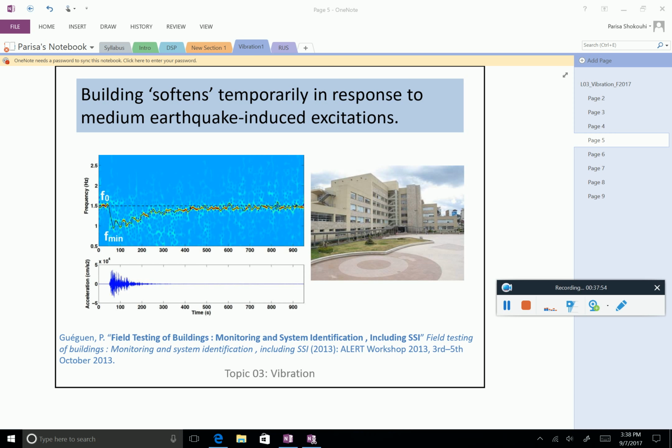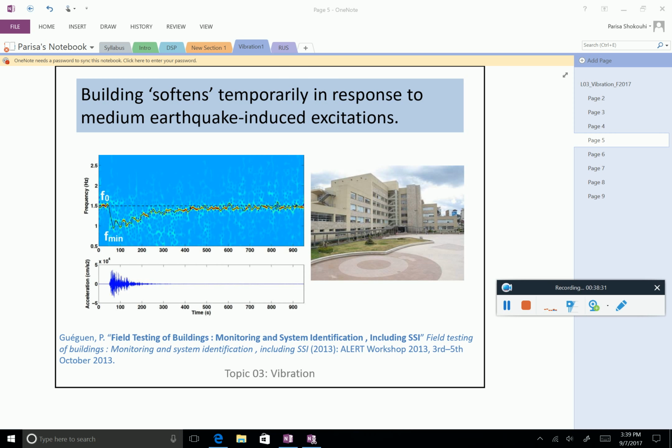In the lab, we have seen that the slope of this recovery tells a lot about the level of damage inside the material. So whether it's a building or the earth or a piece of concrete that we tested in the lab, if you hit it and you look at this drop and recovery, if your material is damaged, the drop and the rate of recovery would be different from when it is intact.